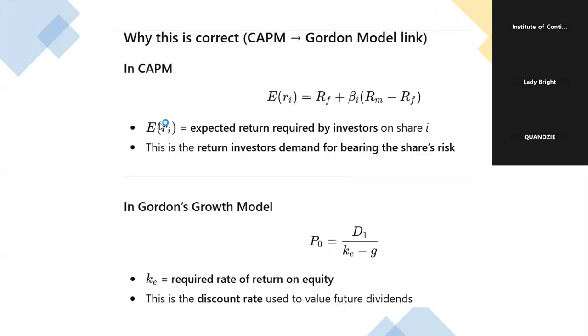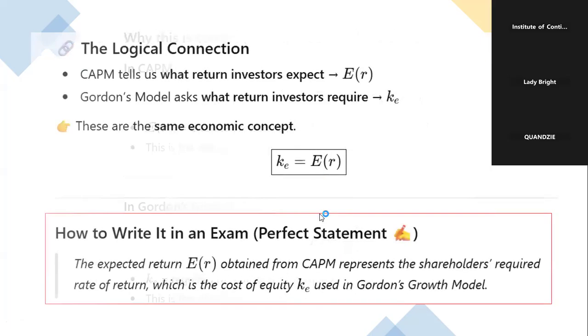So our CAPM is saying expected return is RF plus beta times the market premium. The Gordon growth model is saying that you need the dividend over the discount rate minus G. So we can infuse the two and have our expected return be the same as our required return, KE.